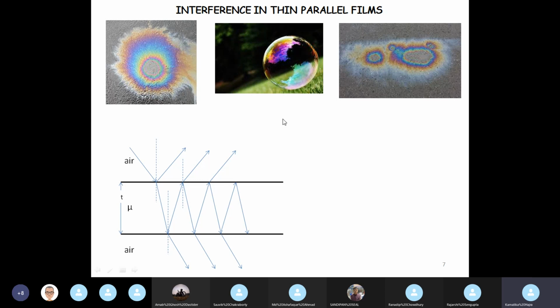Of course, you don't get to see the rays within the medium. All you get to see are the rays that come out from the medium. So what do you think about the amplitude of the later rays, of the newer rays?